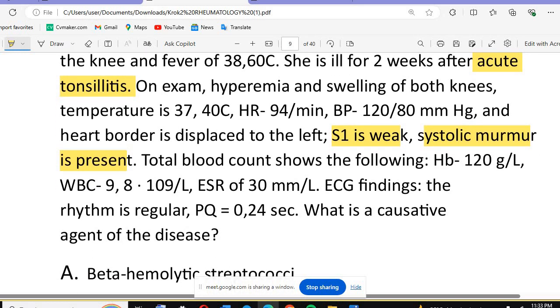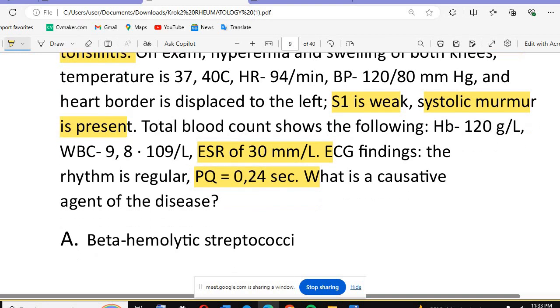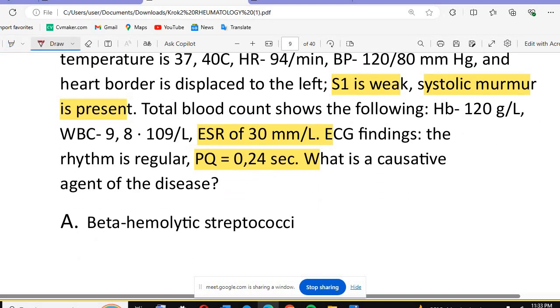The total blood count shows changes, ESR is also increased, and on ECG the rhythm is regular, but the PQ interval is increased. So what criteria is it following? The 2 1 2 criteria: either two major, but there are no two major, here there is one major and two minor criteria. You can see the PQ interval, the ESR, and the temperature is also raised.